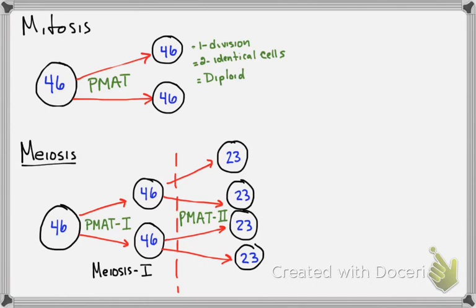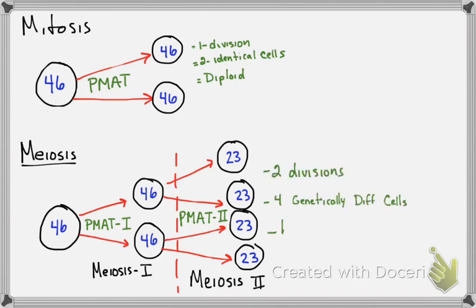So that when you get one from your mom and one from your dad, or in any organism, when they fertilize, you'll get half from the male and half from the female. And this is called meiosis 2. The cell goes through the same phases: prophase 2, metaphase 2, anaphase 2, telophase 2, cytokinesis.